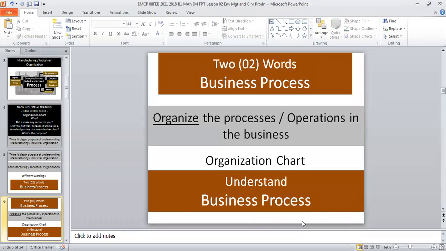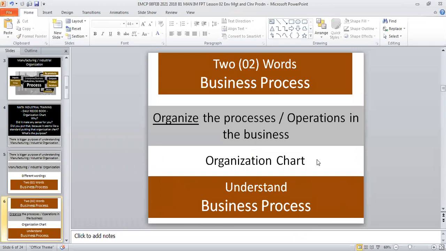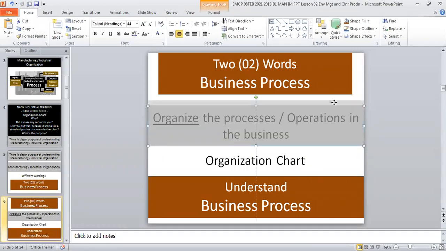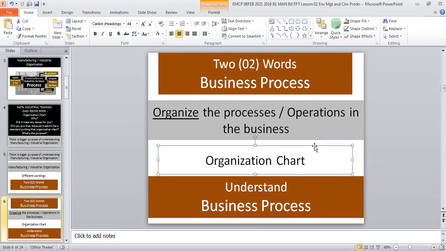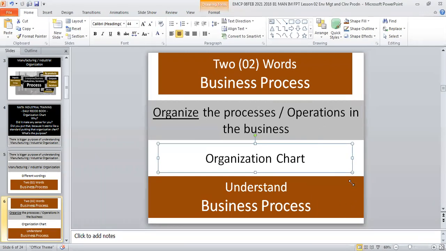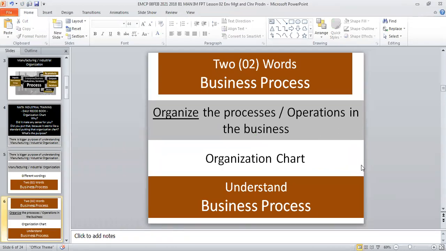Understanding the business process means a total understanding of the process, to manage it or to help to manage it.